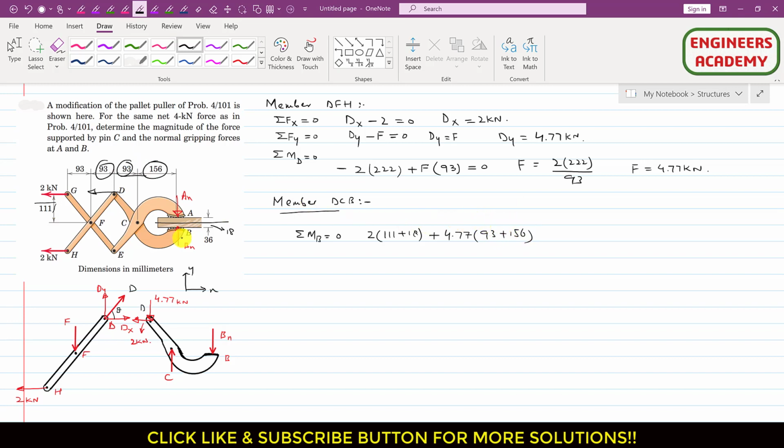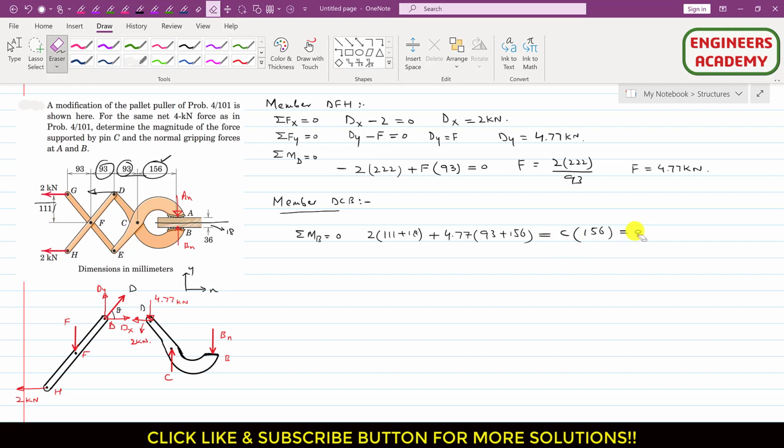So we will write that this is 93 plus 156, right? Similarly, this C force, this pin reaction at point C is producing the clockwise moment about that point B, so I will write minus C, and the perpendicular distance of this C force from that point B is this 156, so I will multiply this with 156, and this is equal to 0.